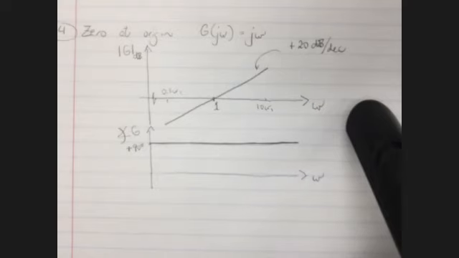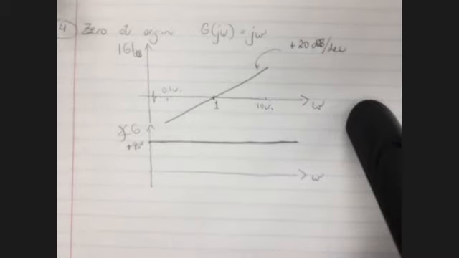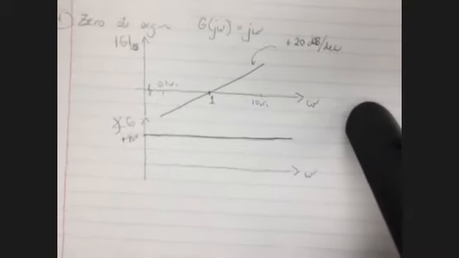Great. So that's going to be our 0 at the origin, and then finally, as you might guess, just as we did 0 and pole, there's going to be a pole at the origin, which is going to do essentially the opposite of what this one does. So the last term is going to be number 5, pole at the origin.